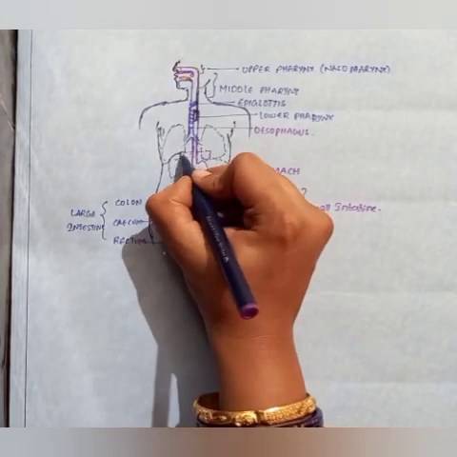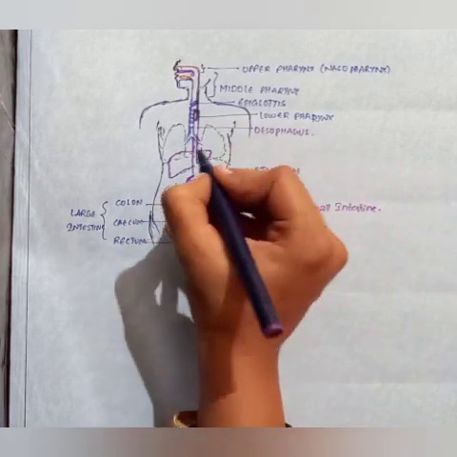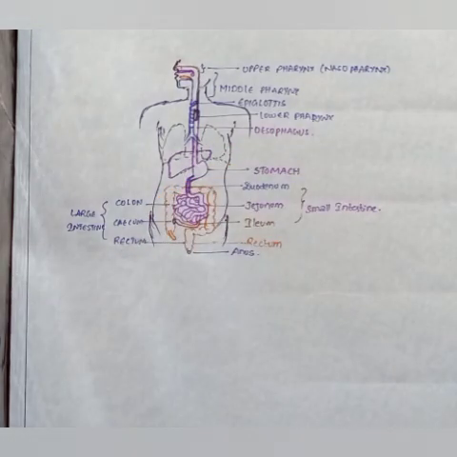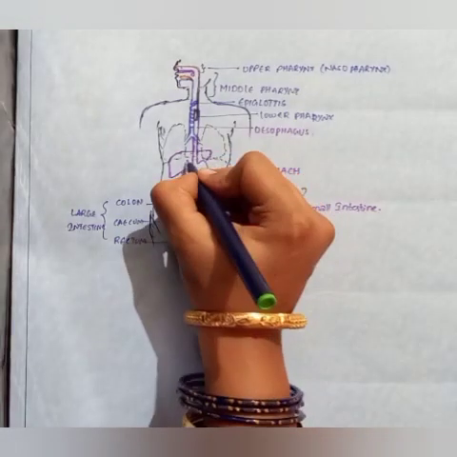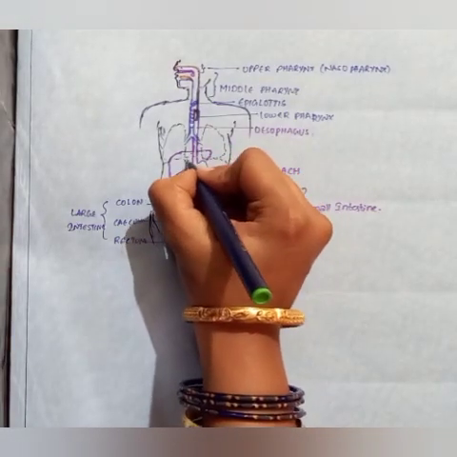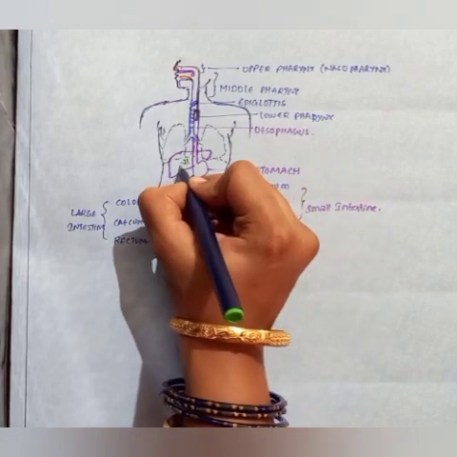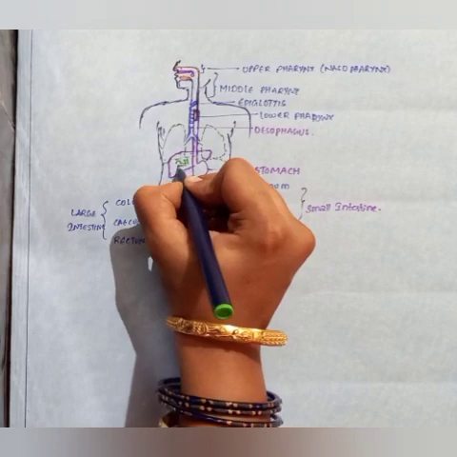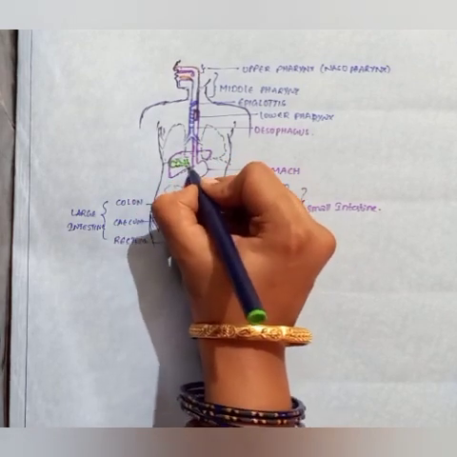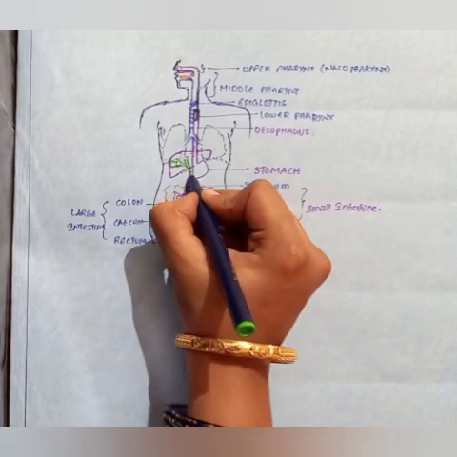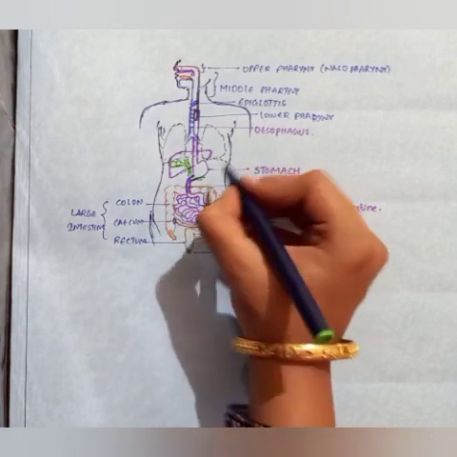In the liver part, we'll also have the gallbladder. From the liver, a small pipe arises which releases the bile juice from the liver, and this is connected with the gallbladder also. Gallbladder is present here, right? Both of them together form a common hepatic duct, which is joined with the pancreas on the other side.